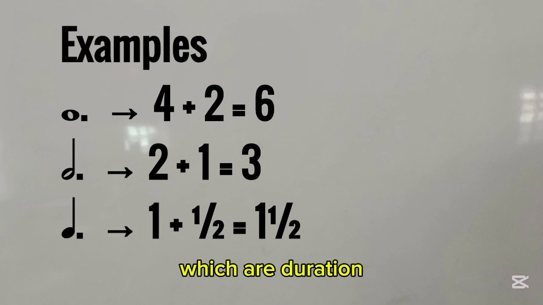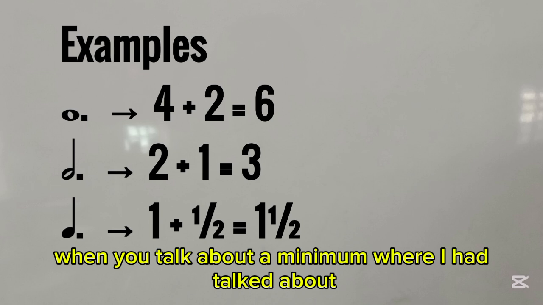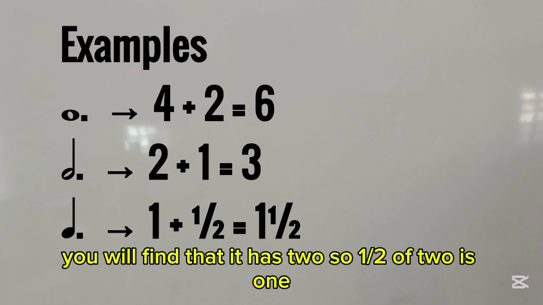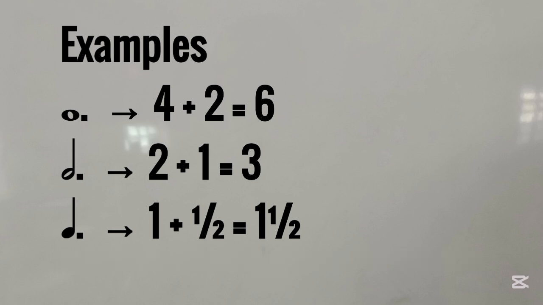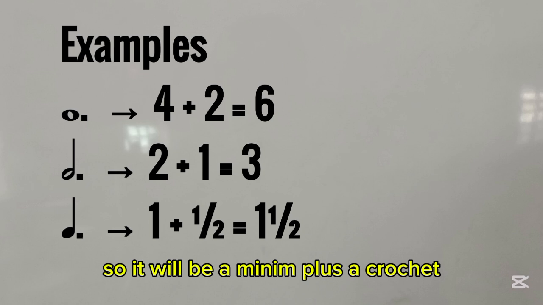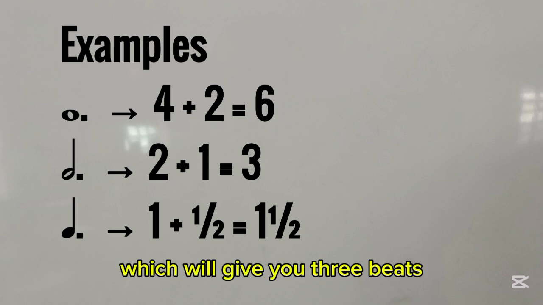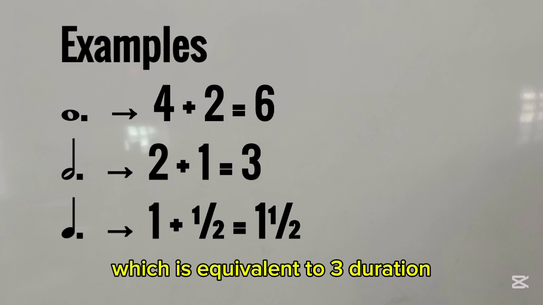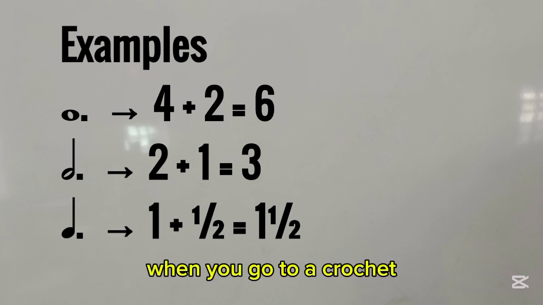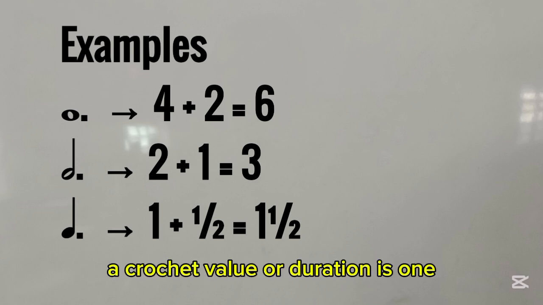When you talk about a minim, you will find that it has a duration of 2. Half of 2 is 1. So it will be a minim plus a crochet, which gives you 3 beats, equivalent to a duration of 3. When you go to a crochet, the value or duration is 1.